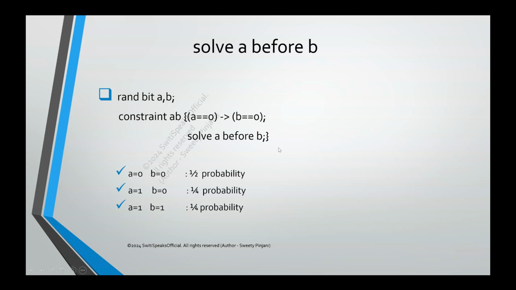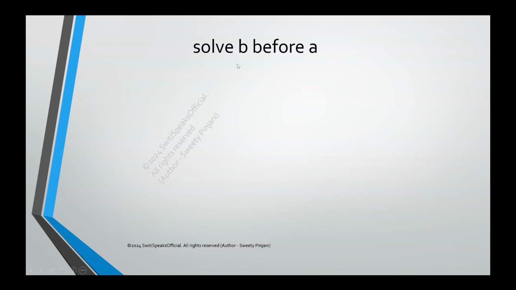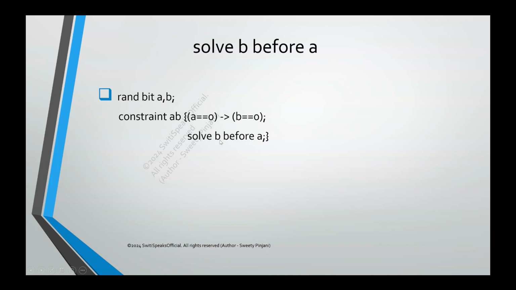Now let us see what happens when you use solve B before A. Same example, two random bits A and B. There is a constraint which says whenever A equal to 0, B can only be equal to 0. And now I am using solve B before A. Now, B is a 1-bit variable.